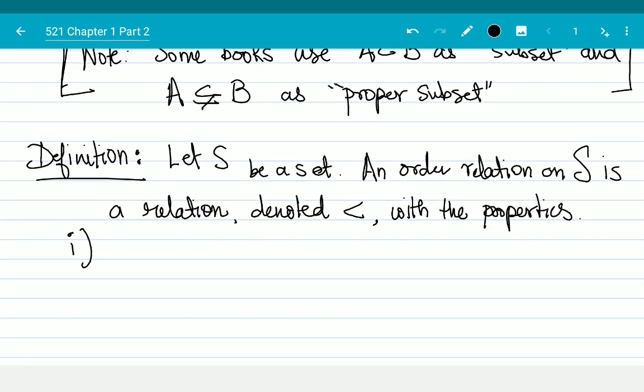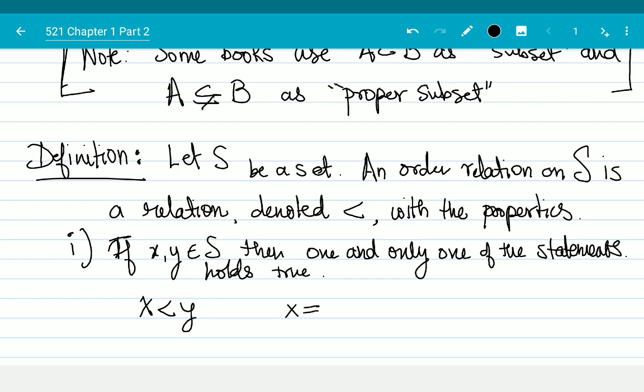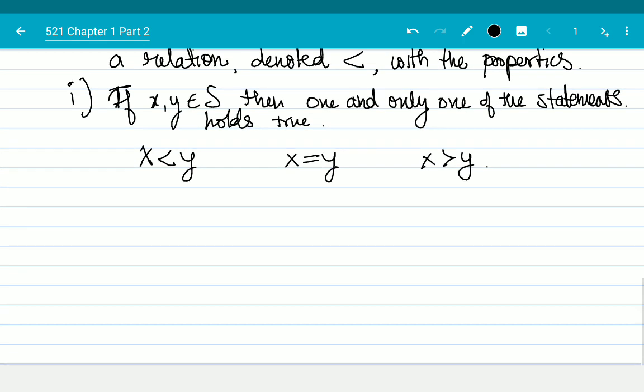First, if x, y belong to S, then one and only one of the statements holds true: either x is smaller than y, or x is equal to y, or x is greater than y. Exactly one of these three things should be true.